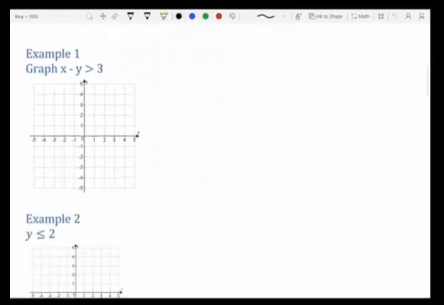So example 1, we want to graph x minus y is greater than 3. The first thing we need to do is make sure it's in y equals mx plus b form, except that equal sign will now be an inequality. So we have x minus y is greater than 3. We subtract x from both sides to get y by itself.